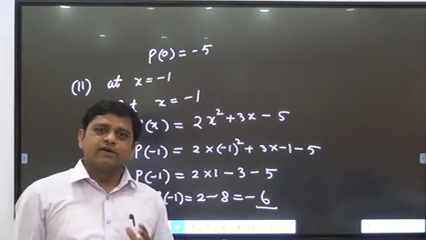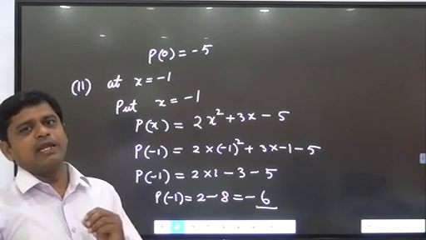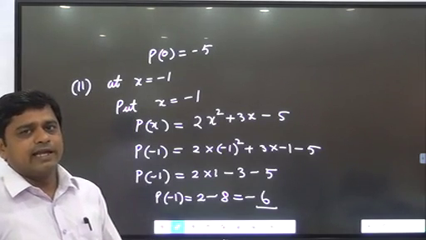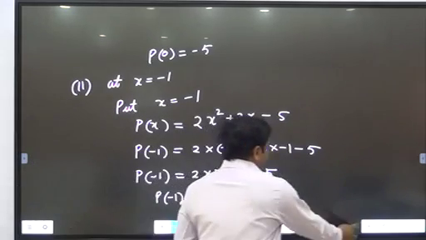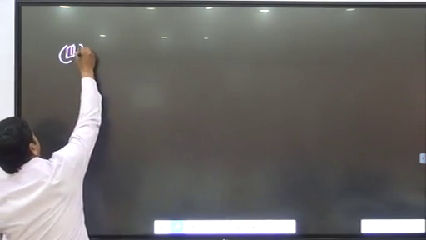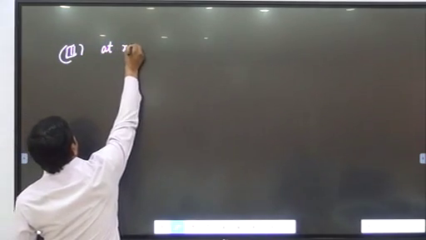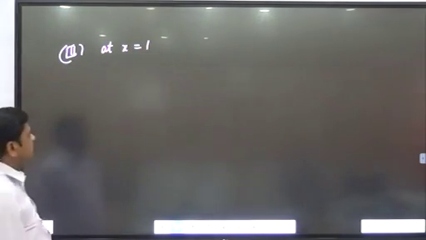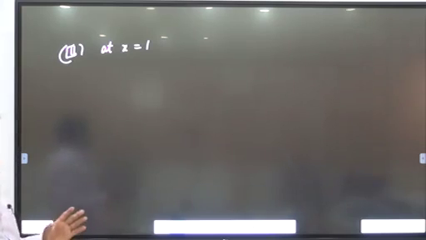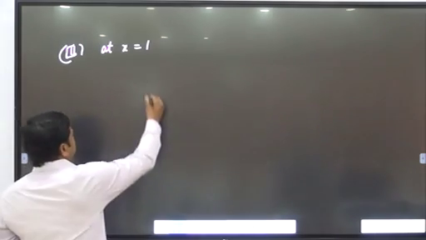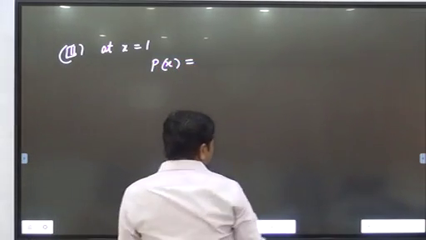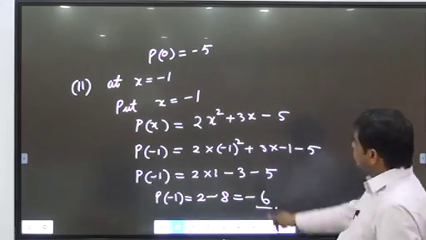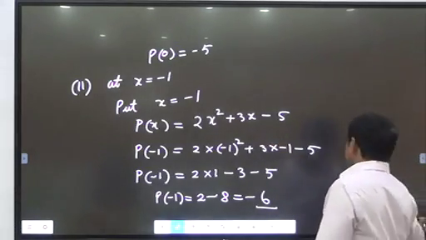So the value of polynomial P(x) at x equal to minus 1 is minus 6. This is the way we can find the value of any polynomial at any given value of the variable x. Next, as a third example, at x equal to 1. We can take 1, 2, 3 and so on. Here x equal to 1, and P(x) is 2x square plus 3x minus 5.